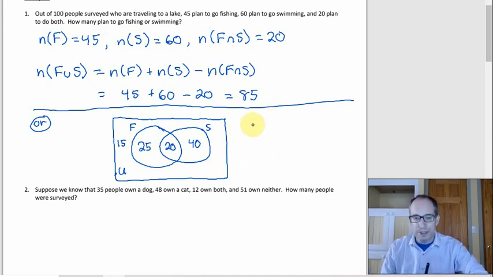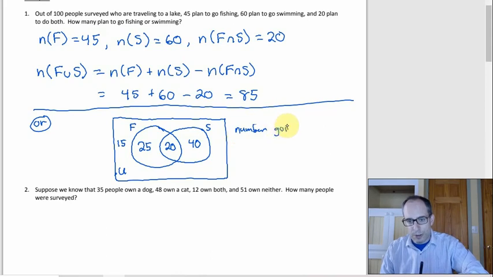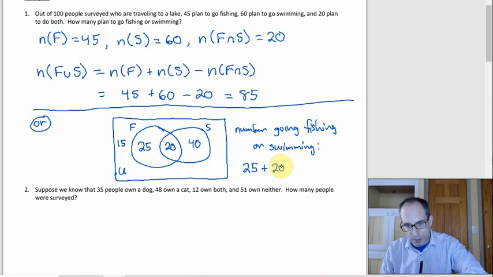So that would mean that, I guess if we were going to do it from here, the number going fishing or swimming, basically you can just add up, because fishing or swimming, that's the union, so it's going to be 25 for the people who are just fishing, so just an F, plus 20 for the overlap in the Venn diagram, plus 40 for the part in the S circle that's not in the overlap, and if you add that up you get 85.